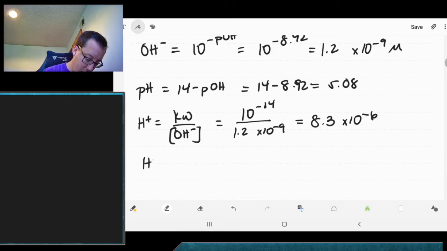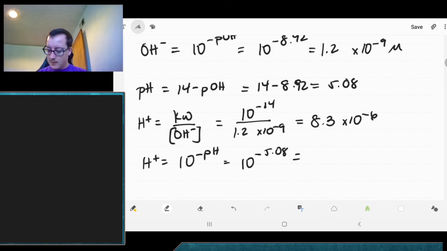And let's just try it with the other way. Our pH we calculated 5.08. So 10 to the minus 5.08 gives us 8.3 times 10 to the negative 6.